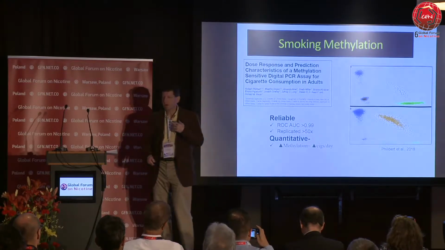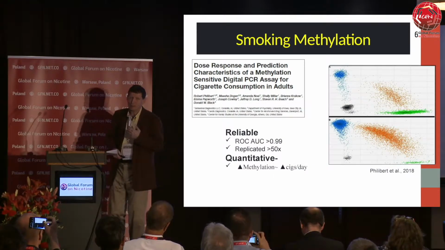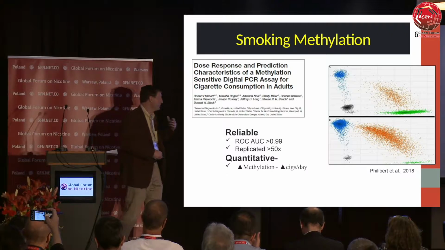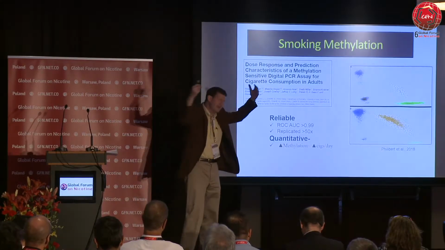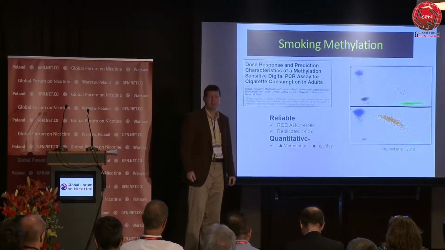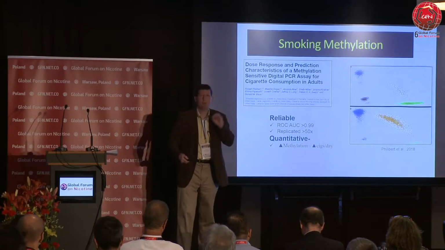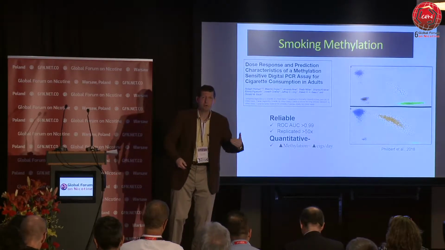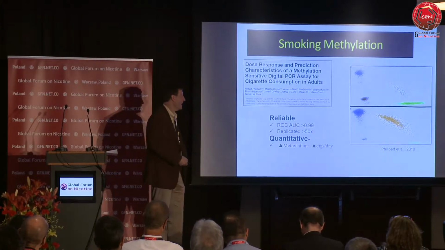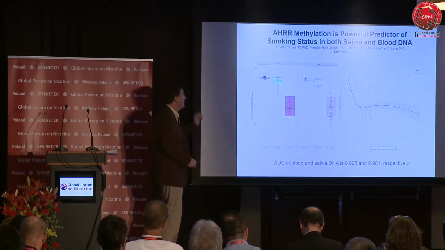Using technology that's been developed since 2012, in 2018 we published a paper that describes the translation of these really hard to do genome-wide tests into a simple test that your standard hospital can use, using commercially FDA-approved platforms.